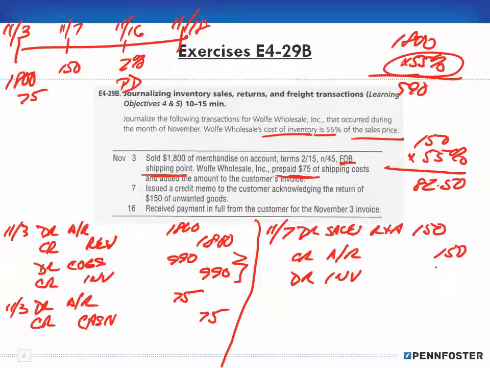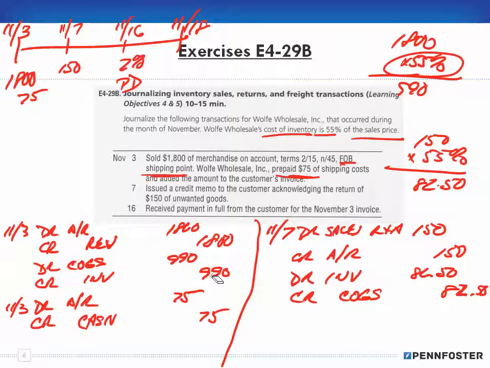So my debit to inventory is $82.50, and I'm going to credit my cost of goods sold for the $82.50. That's to reverse that part of the entry right there. Okay, so that's how we record the return.